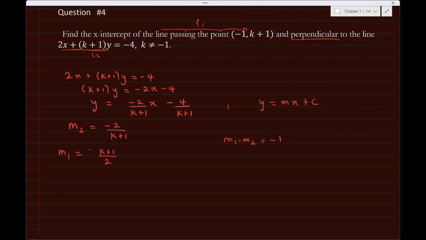Okay, now we're going to use this slope and this point to find the equation of our line L1. And for that we can now use our point-slope formula. Remember this one.